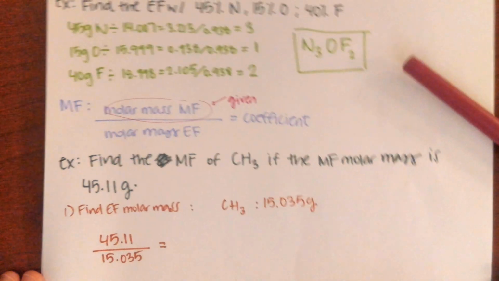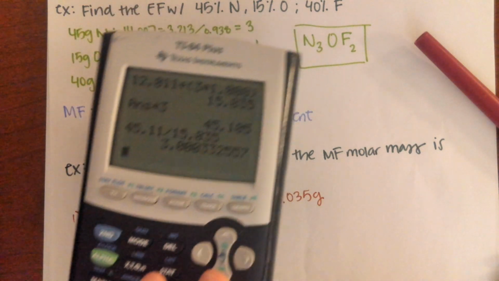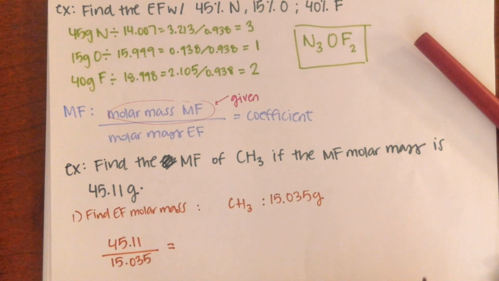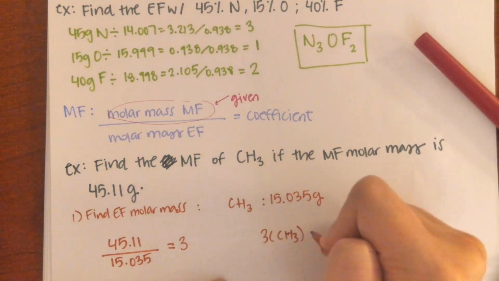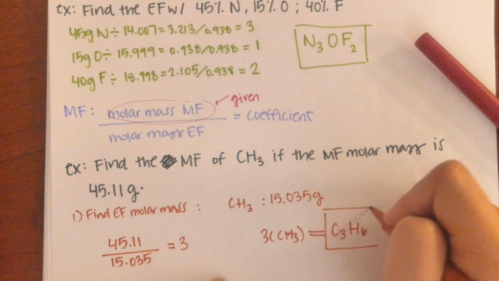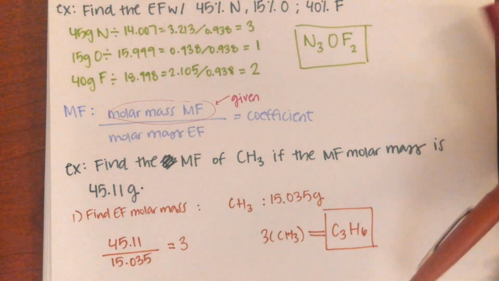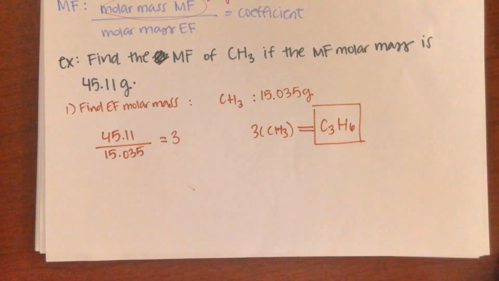And you round it to the nearest whole number so you get your coefficient. So when I do that, I got 3. So I'm going to plug that 3 back into CH3. That would be C3H6. I just unsimplified CH3, the molecular formula. Okay? Awesome.